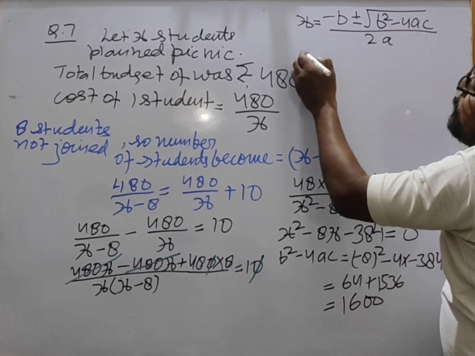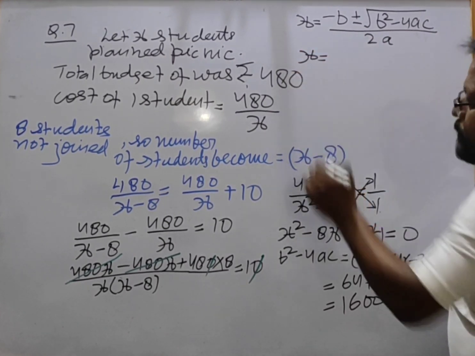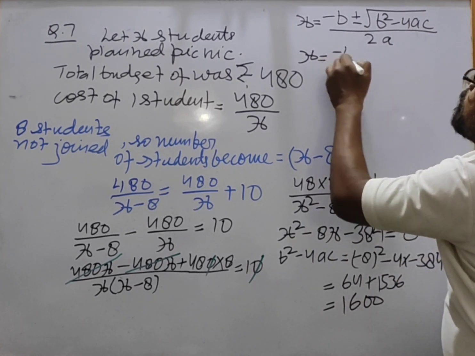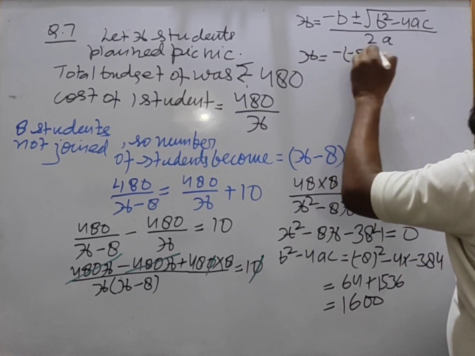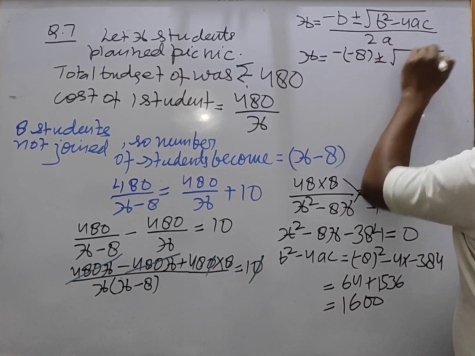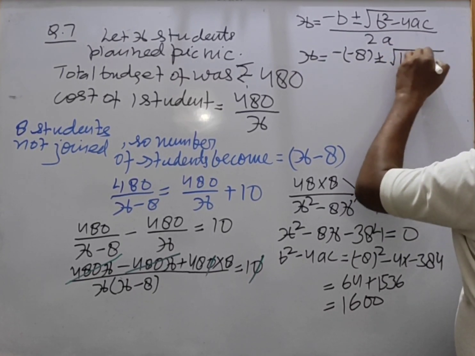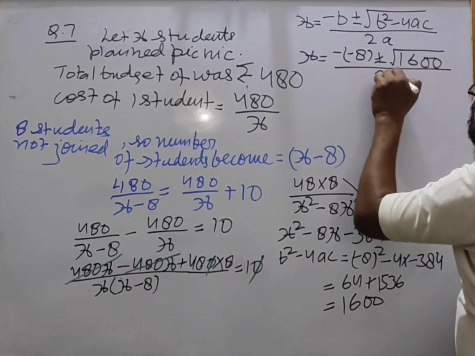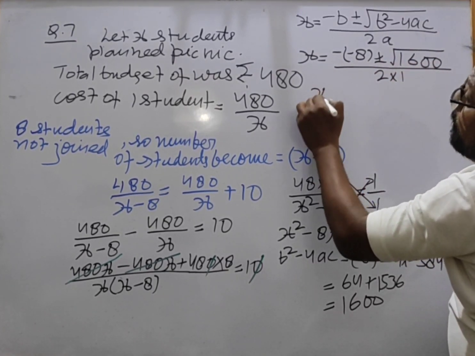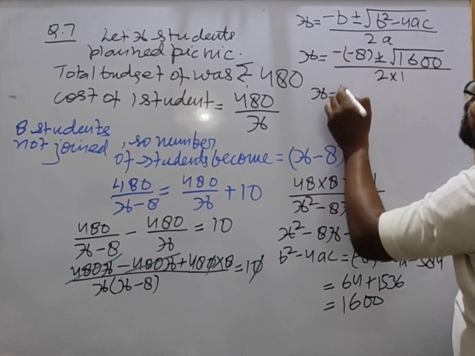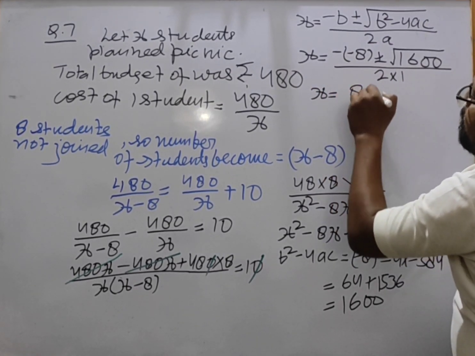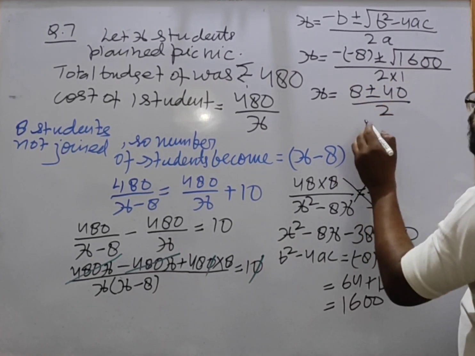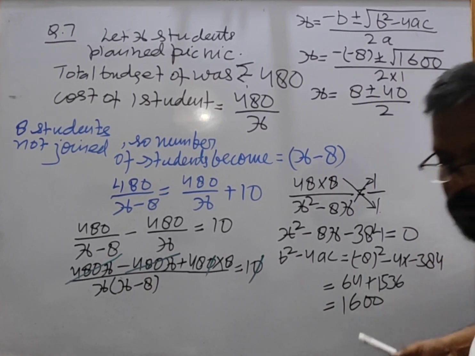So x is equal to minus minus 8 plus minus root 1600 upon 2 into 1, right? x is equal to 8 plus minus 40 upon 2. There will be two cases.